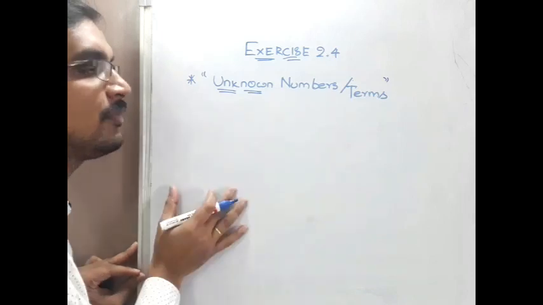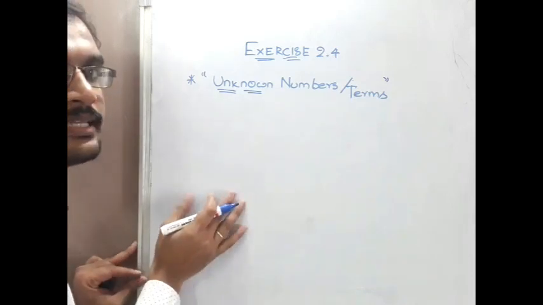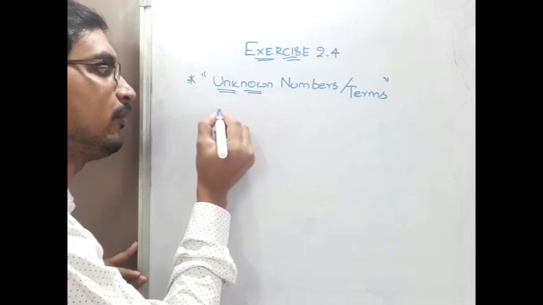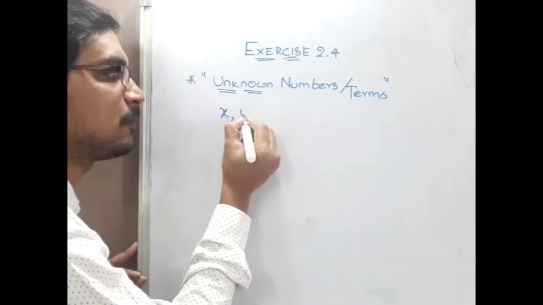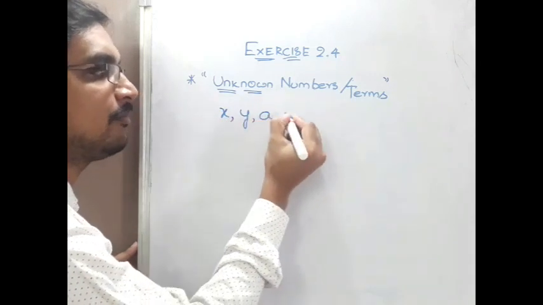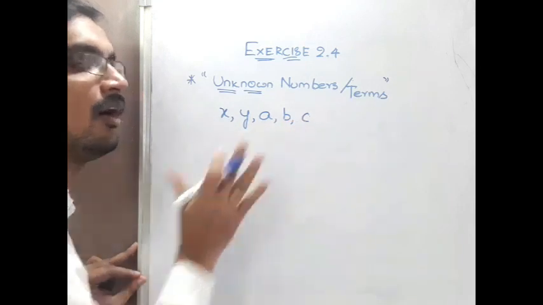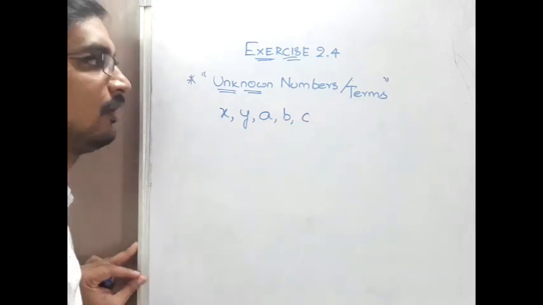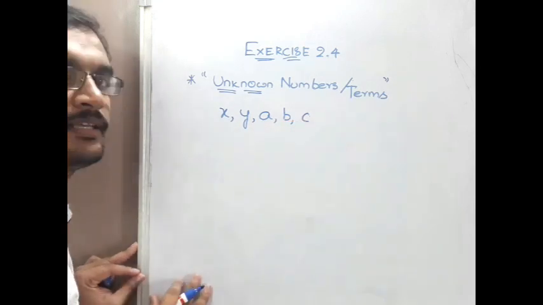Such numbers or terms we call variables, and as I told, we have to take small letters like x, y, a, b, c as a variable. Hope you are quite clear with these things.